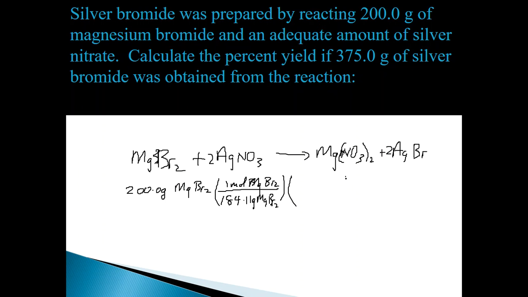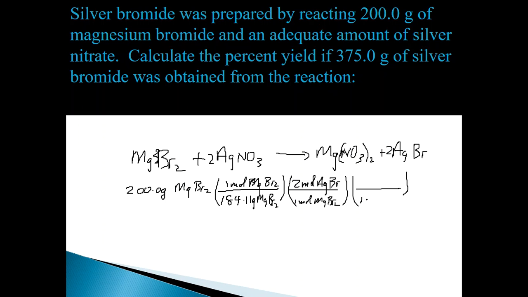It's a 2-to-1 ratio, so we're going to have 2 moles of AgBr above, 1 mole of MgBr2 below, and then we're going to calculate the mass in grams.